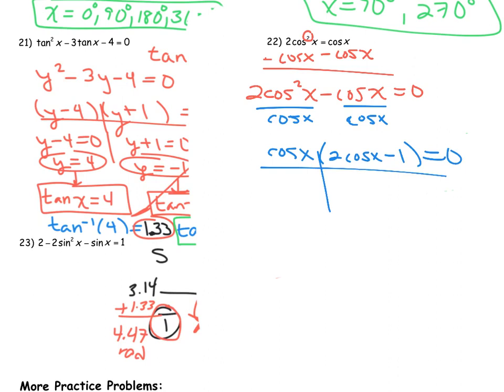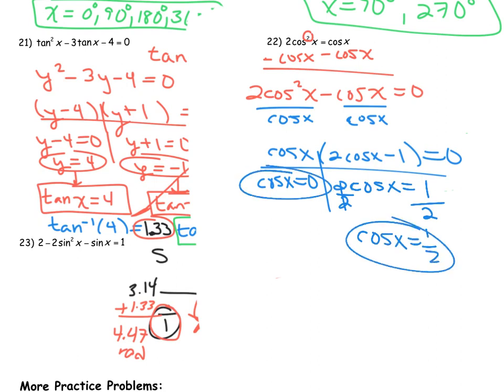And we're going to t-chart. We'll have the cosine of x equals 0. I have 2 cosine of x equals positive 1, just bringing that over. Divide by 2, and cosine of x is equal to 1/2. So these are my two values.